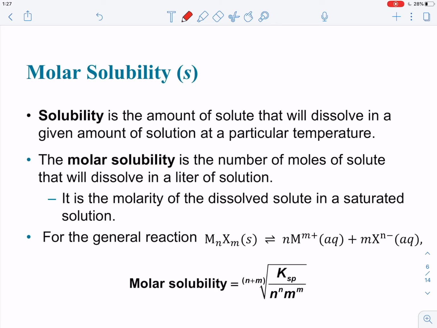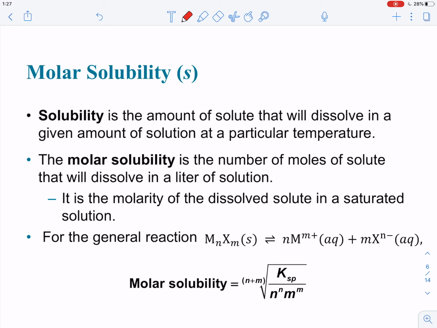And remember, the solution of an ionic substance implies that all of that substance is separated into ions. Everything that is dissolved in water for that ionic substance will be present as the separated ions. So keep that in mind.